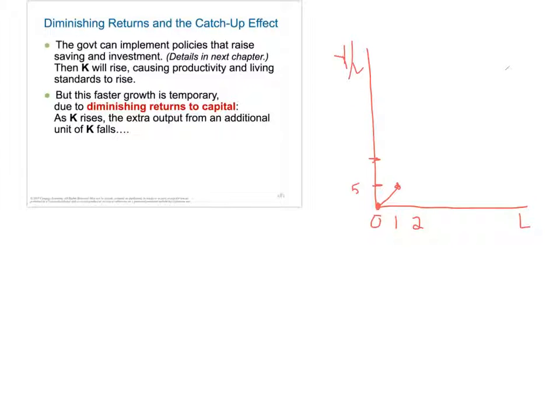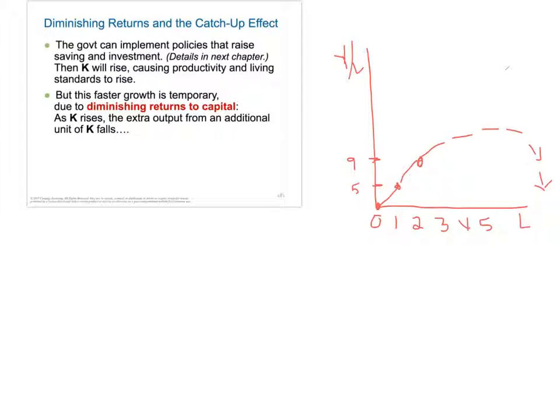Let's say it's going to be 9 total, so 4 more customers were served. As we continue to add worker after worker after worker, this line actually will level out, and then it will actually turn downward over time.